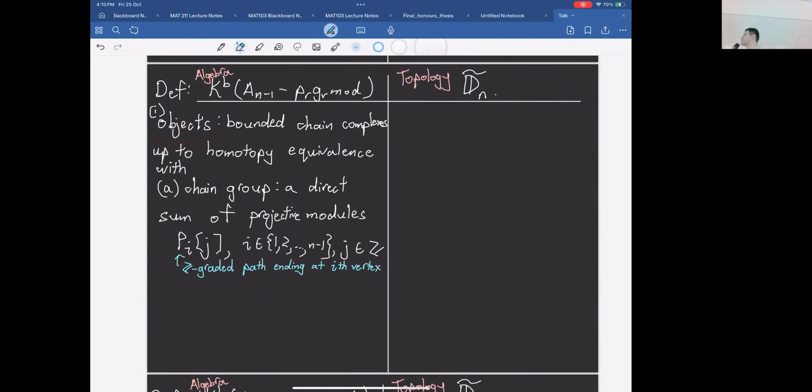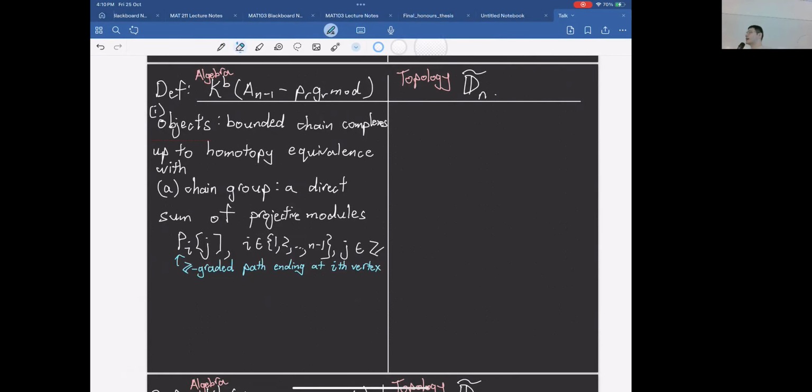To talk about chain complexes, I need to tell you what the chain group is. The chain groups we're going to use are projective modules, or rather direct sums of projective modules here.